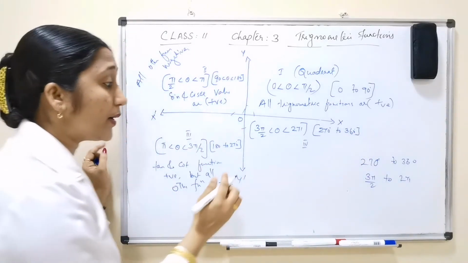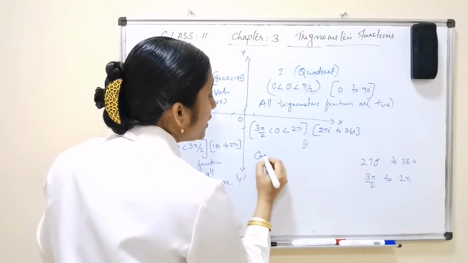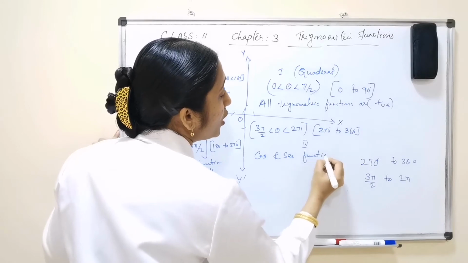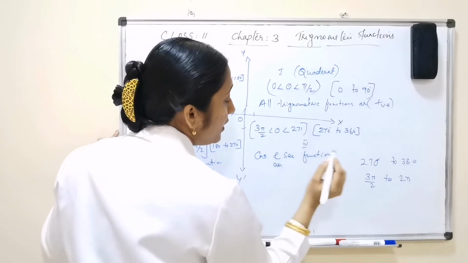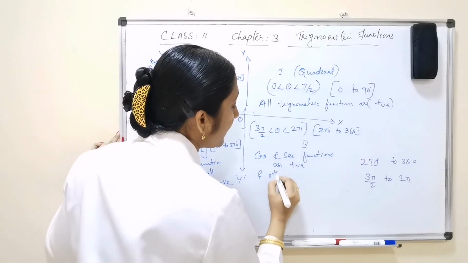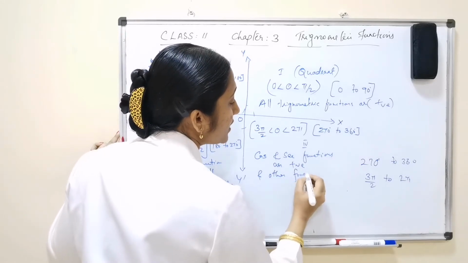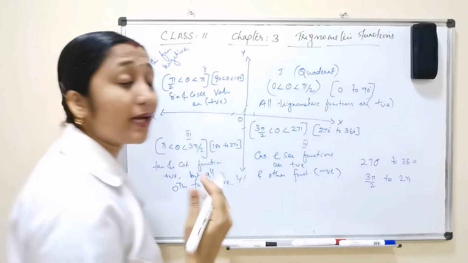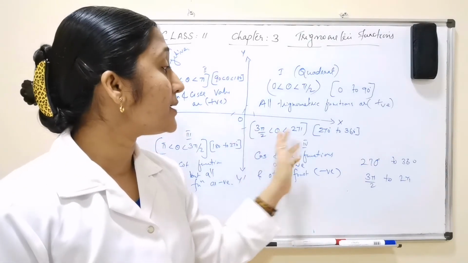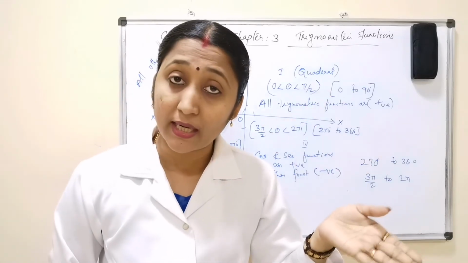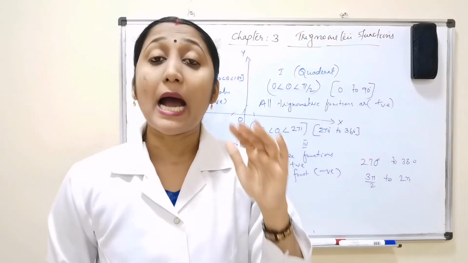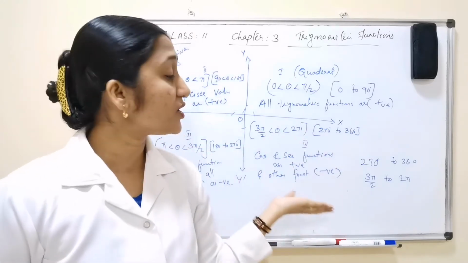In this fourth quadrant, cos and sec functions are positive, and other functions are negative. So the fourth quadrant means 270 to 360 degrees, cos and sec are positive, and all other trigonometric functions are negative.